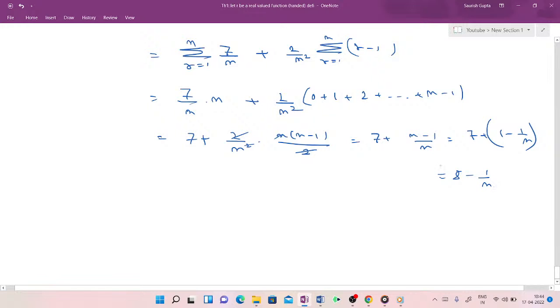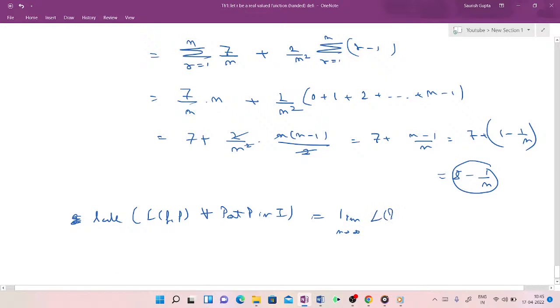Now when you have already got the LFP in this form, the LUB of LFP for all partitions P in I, you can find using the limit n tends to infinity of LFP, which is limit n tends to infinity of 8 minus 1/n, which equals 8.